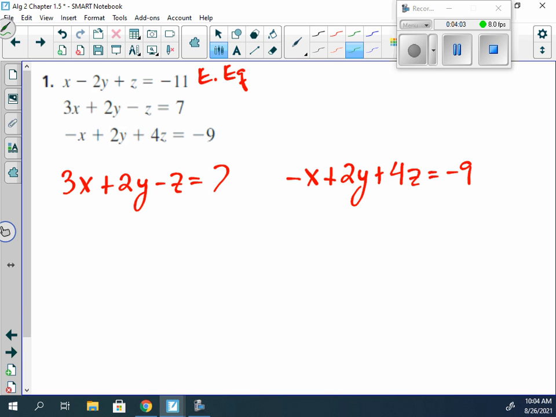Now, since the y's are already the same, we don't have to do anything with it. We can just put our eliminator equation right underneath both.